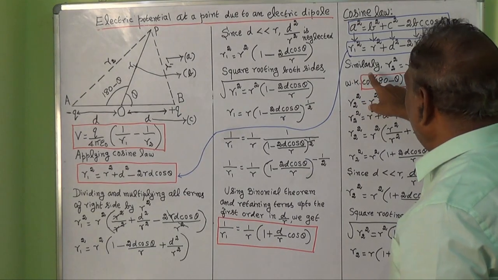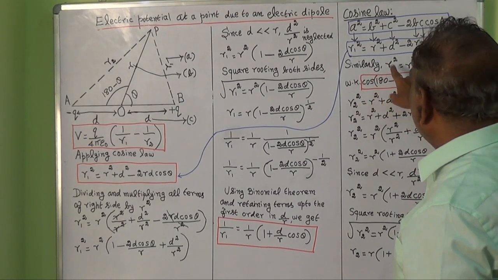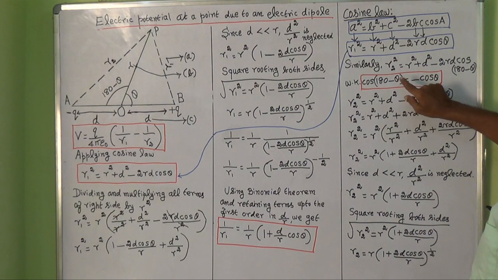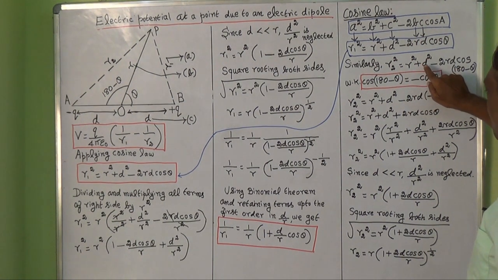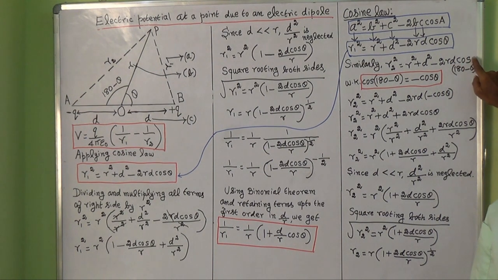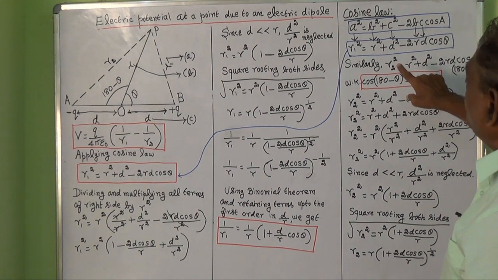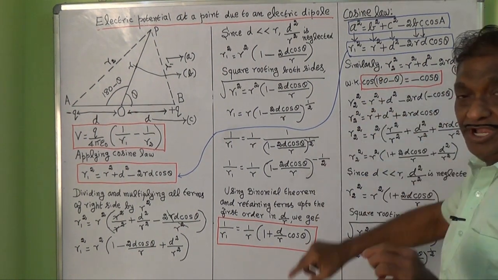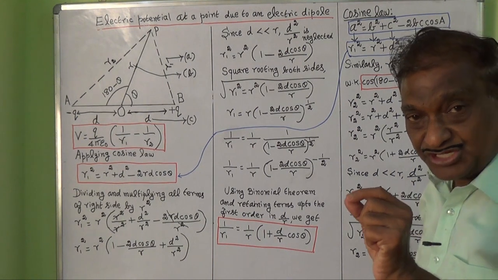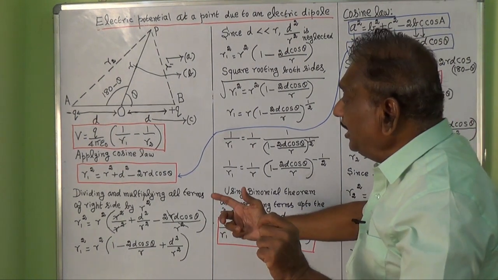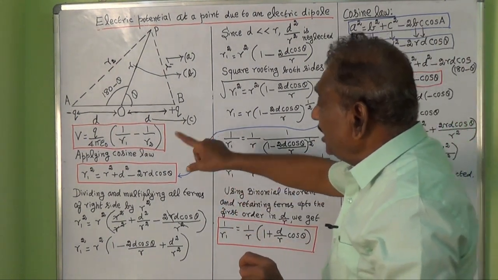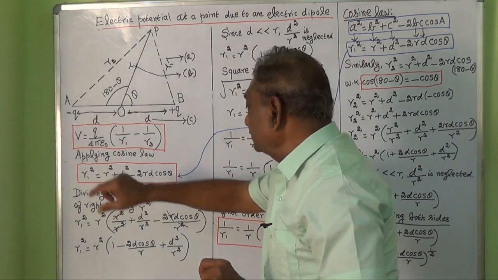We are writing R2 square as R square plus D square minus 2RD cos (180 minus theta). As per the cosine law, we have written this equation as we have already written in the case of R1 square.